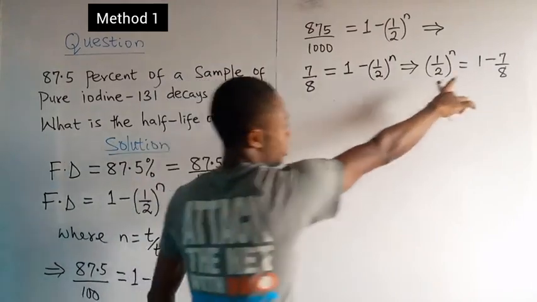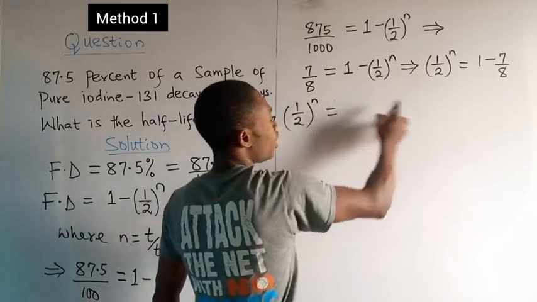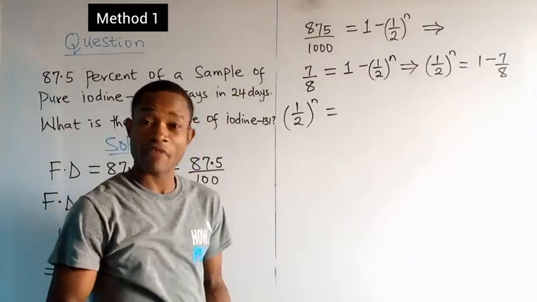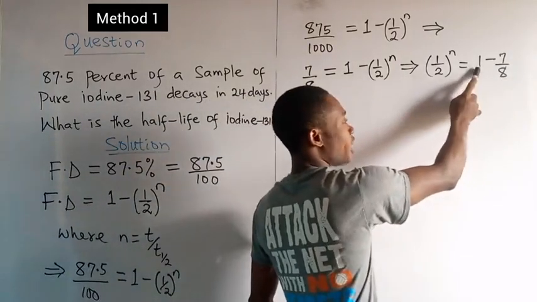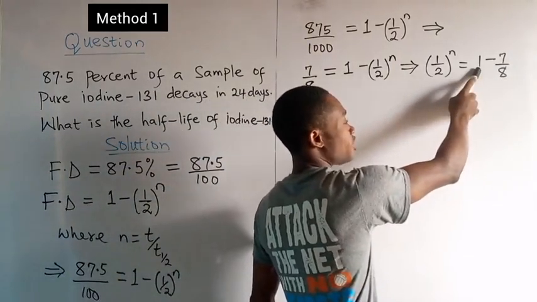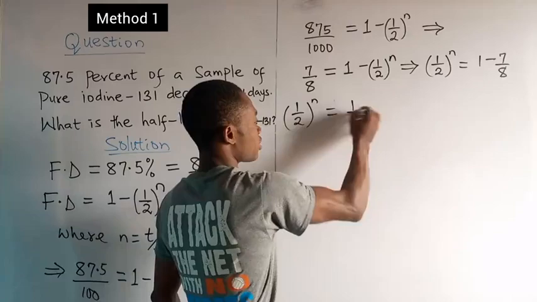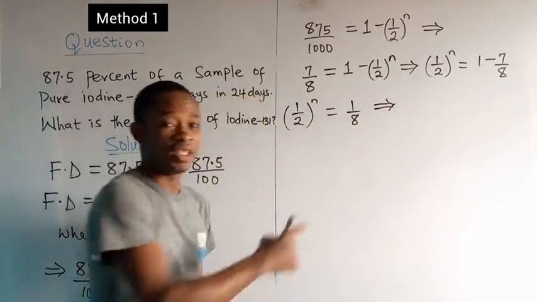So if we find the LCM, this will give us 1 over 2 to the power of n equal to, working out the LCM, this is a whole number 1 minus a fraction. The fastest way to handle the LCM is using the denominator to multiply this. You get 8 times 1, which is 8, minus 7, which will give you 1 over 8. Now we can move on to break this down using the knowledge of indices.